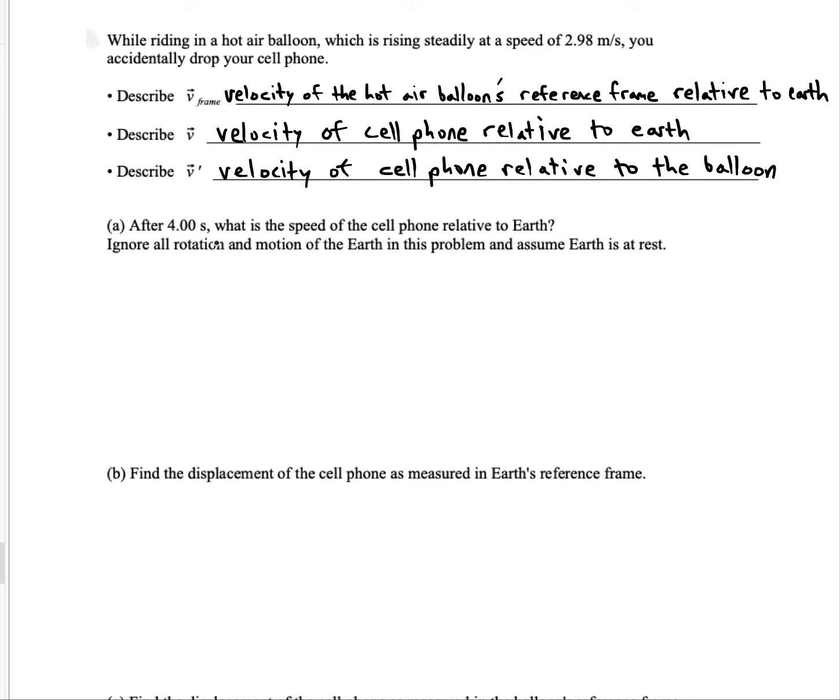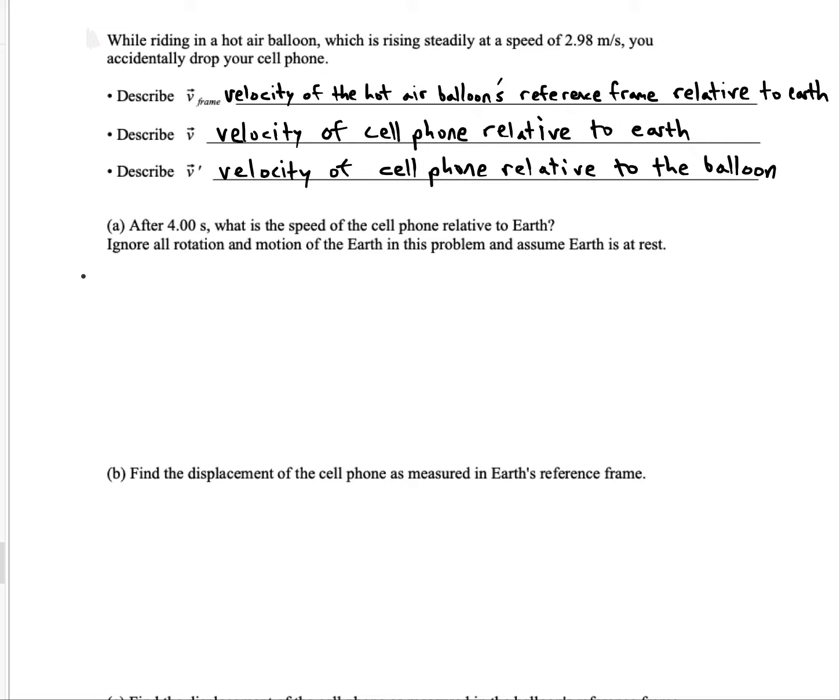Now, after 4 seconds, what's going to be the speed of the cell phone relative to Earth? So we want to write down what's given. So one thing that's given is the initial speed of the balloon.